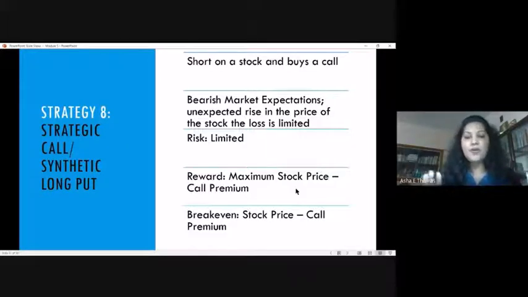And the break-even point, of course, is the stock price minus call premium if you're owning the asset. Because you are short selling the stock, at that time you will get money. You're paid with the money. And then at a later stage, you're buying it or maybe exercising from the derivative.